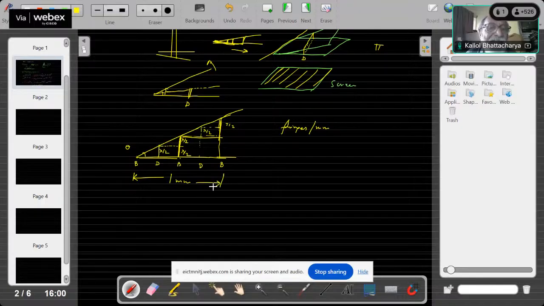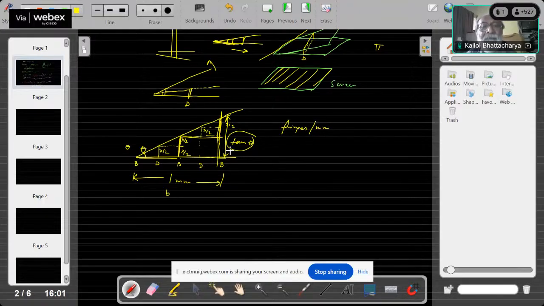If this is 1 millimeter, this is theta. Then this height within 1 millimeter is simply tan theta. If the base length is b, then this is b tan theta. If this is 1, this is 1 tan theta. So the height is tan theta.